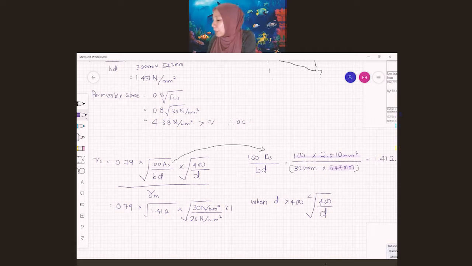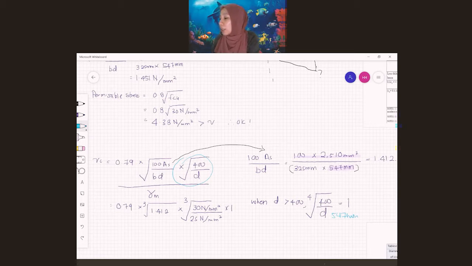Okay, adalah bersamaan dengan, ayo I tertinggal ni, macam kuasa 3, punca kuasa 3. Sorry. Okay, bersamaan dengan 1. Okay, kalau katakan D ni lebih besar dari 400, terus you anggap this formula yang ni adalah sama dengan 1. Sebab kalau katakan you punya D tu 547, so you masukkan 547 kat bawah ni. Okay, bila you kira-kira, you akan dapat value dia less than 1. So kita tak nak value yang less than 1.